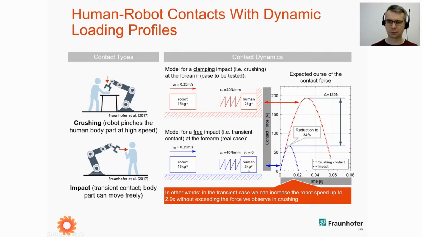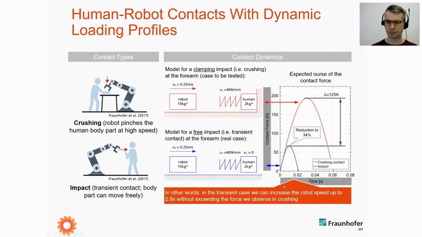For the free impact, meaning that we don't have any special constraints, drawn in blue at the bottom of the slide, we will observe a completely different contact force plotted over time, depicted by the blue curve. We have exactly the same states from the robot, but just a different condition, and of course it's obvious we will receive a different force.